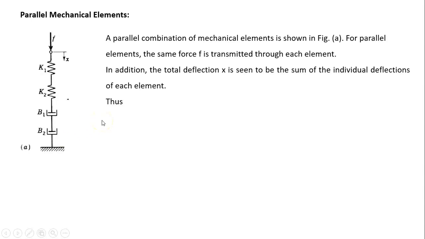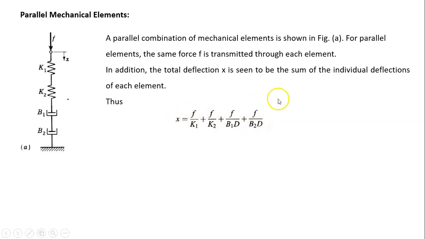Therefore, for parallel elements, the same force F is transmitted through each element. In addition, the total deflection x is seen to be the sum of the individual deflections of each element. Whatever I have told earlier, the same case is here. Therefore, x is equal to F upon K1 plus F upon K2 plus F upon B1D plus F upon B2D.